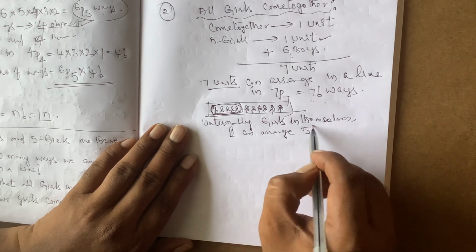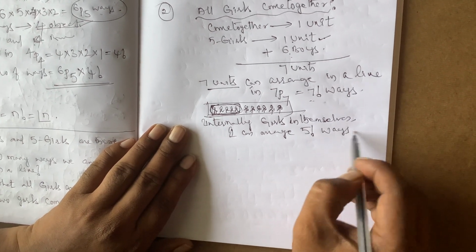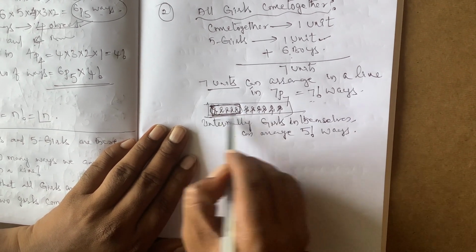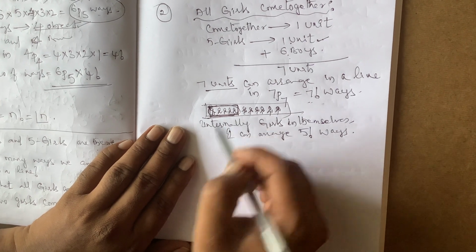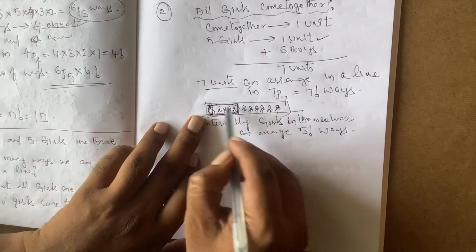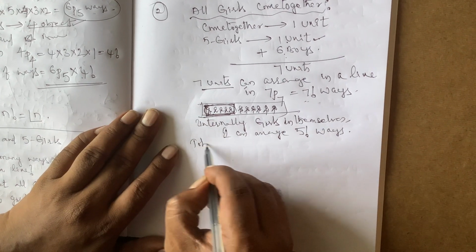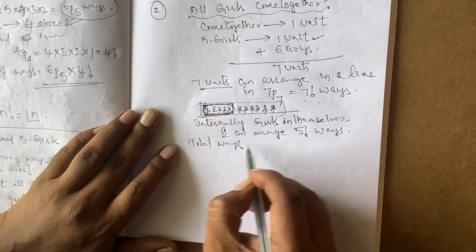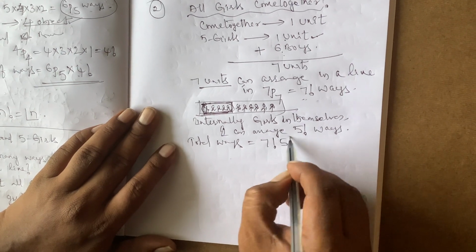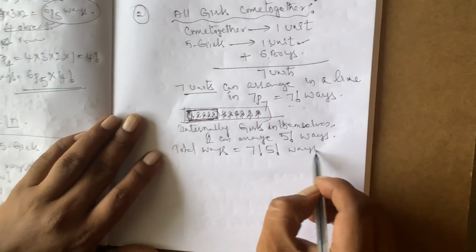How many ways? 5 factorial ways. But all together, only here you can arrange them internally. Therefore, the total number of ways is equal to 7 factorial into 5 factorial ways.